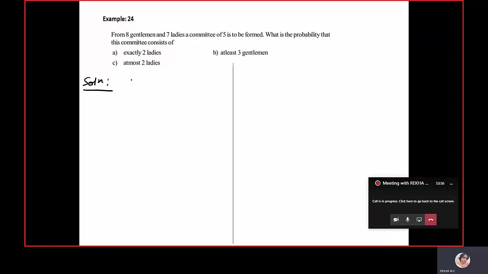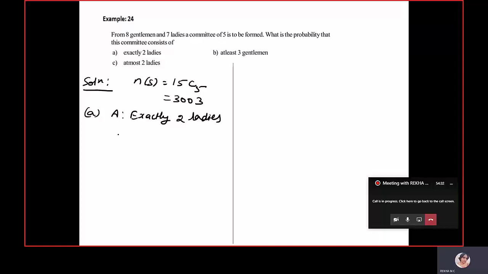Solution. n of S is equal to 15C5. That is equal to 3003. You can find out this value. Subquestion A, let the event A be exactly 2 ladies. So the committee consists of exactly 2 ladies.